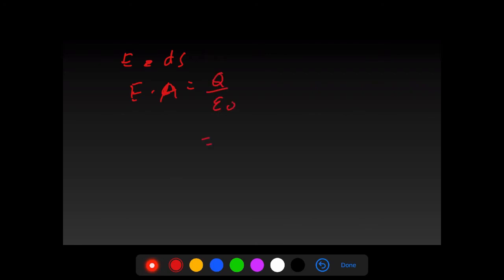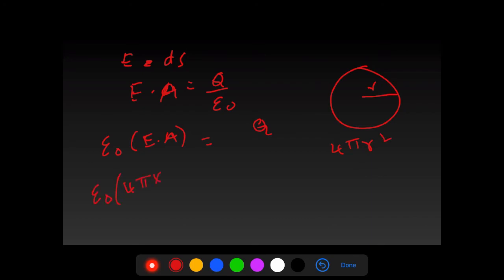Q we don't know, so Q equals epsilon naught into E dot A, where A is the area of the sphere. The radius is given, and the surface area equals 4 pi r square. So epsilon naught into 4 pi into r square, where r is given as 0.2 meters, so 0.2 square.